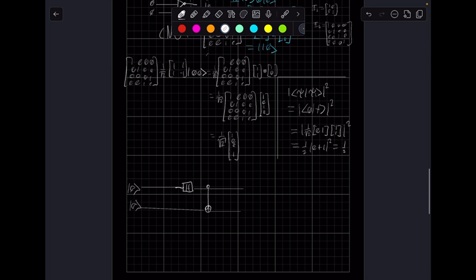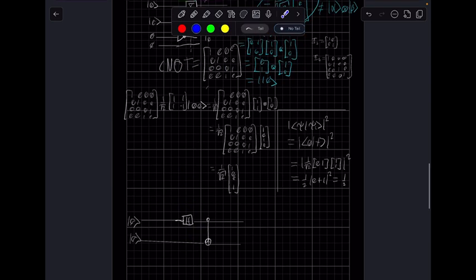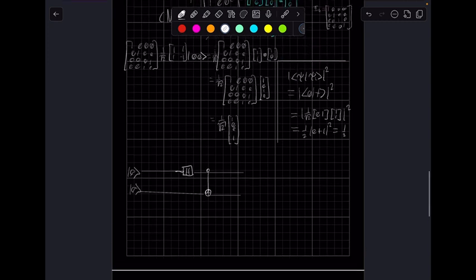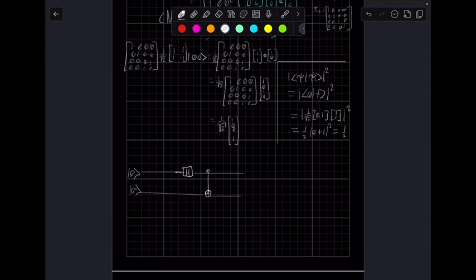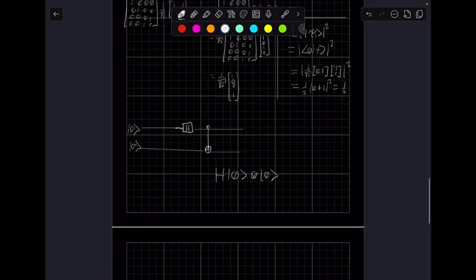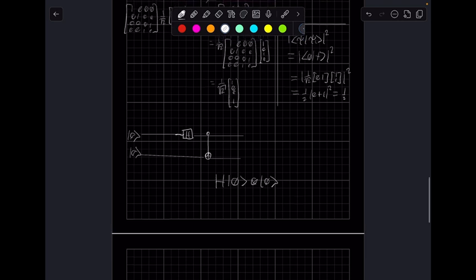Okay. So this is just a mathematical expansion of this. We're going to first apply this Hadamard, but that's only on this first element of our tensor product state, or state vector, and then we're going to do this C0 operation.